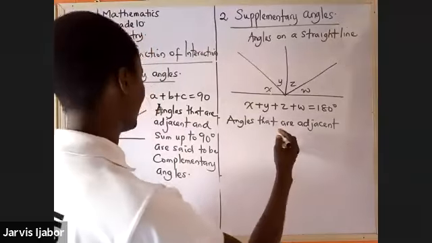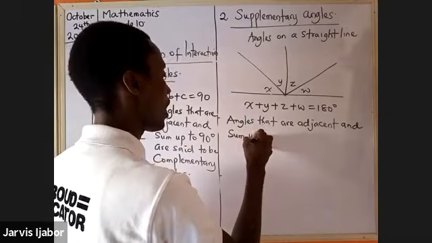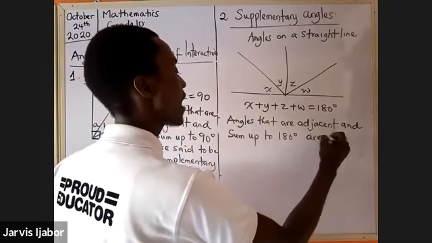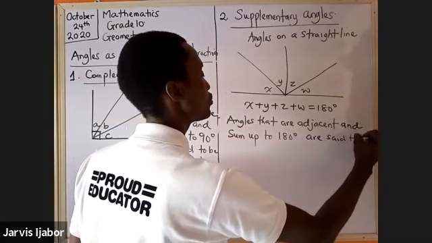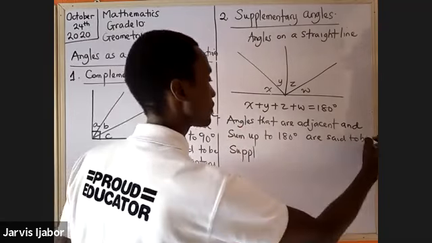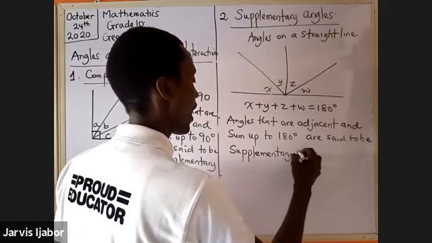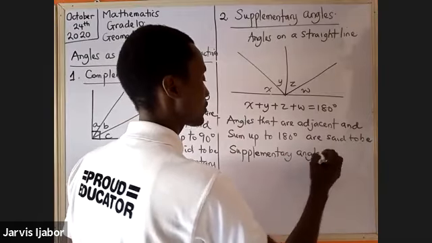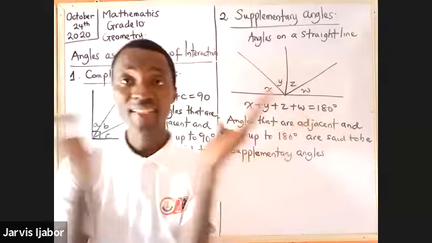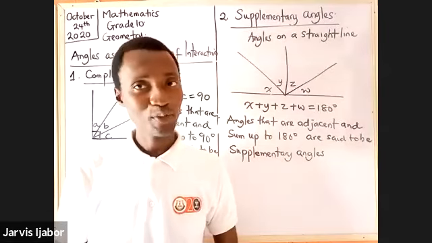Angles that are adjacent and sum up to 180 degrees are said to be supplementary angles. So angles that sum up to 180 degrees lying side by side are said to be what? Supplementary angles. Please take note of this.